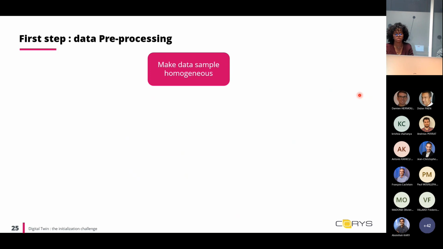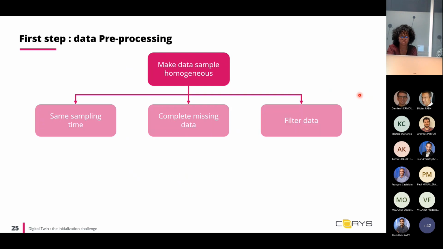Once we have this set of data, we can homogenize it by some well-known data treatment approaches. We have three steps mainly. It's a preset methodology to make our data homogeneous.